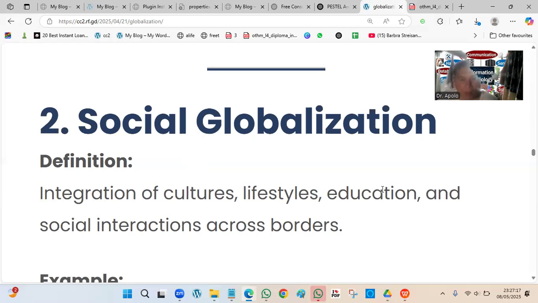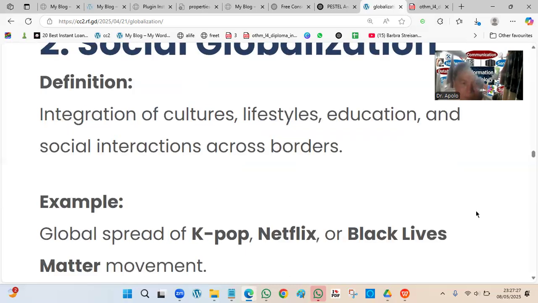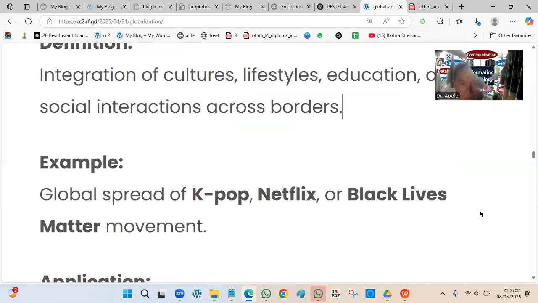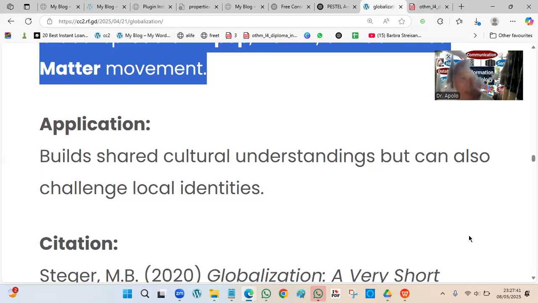These are all on a macro level, but it is affecting the ecosystem of small companies. Example, the global spread of K-pop, Netflix, and the Black Lives Matter movement. So it has an impact on social preferences. Education builds shared cultural understanding, but also challenges local identities.